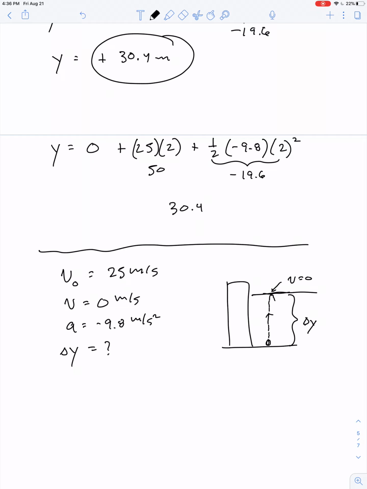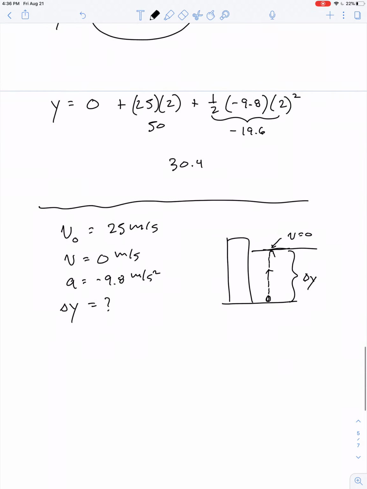We don't have to know anything about time to do this one. We just need an equation that says v squared equals v naught squared plus 2g delta y. The initial velocity, in this case, the final velocity is the 0. So we have delta y is equal to negative v naught squared over 2g. Now you might think this is a problem, but the negatives will cancel out, right?